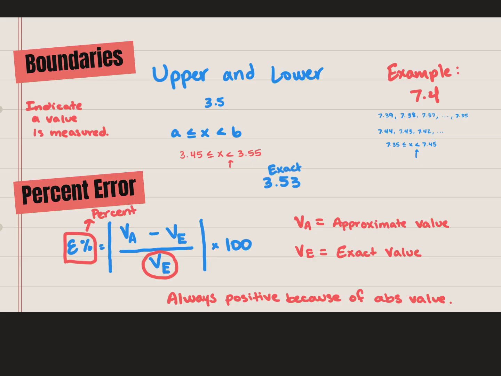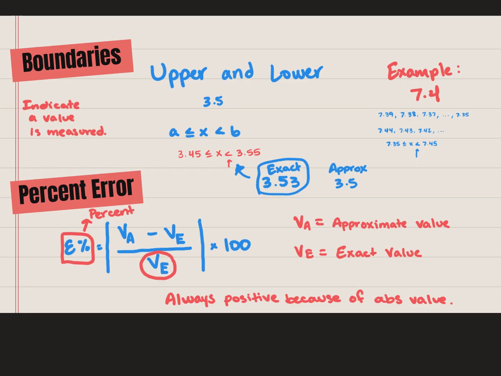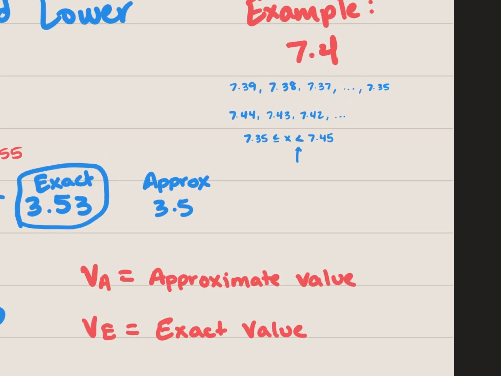And the measured, or approximate, value we got was 3.5. Notice my exact value fell in that range between 3.45 and 3.55. That should happen every time. I would plug these into my percent error formula.